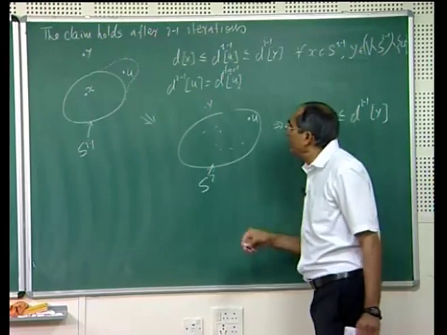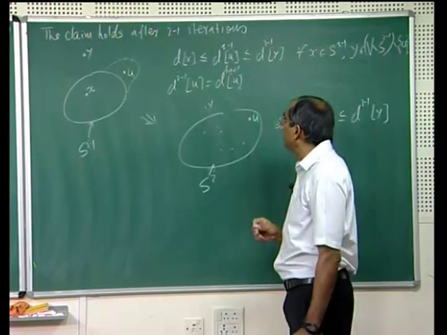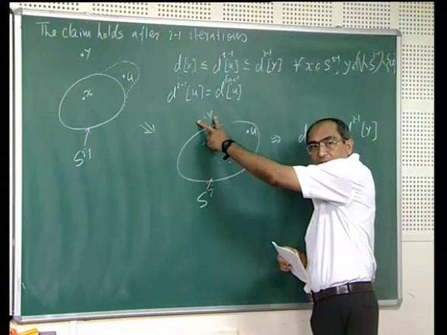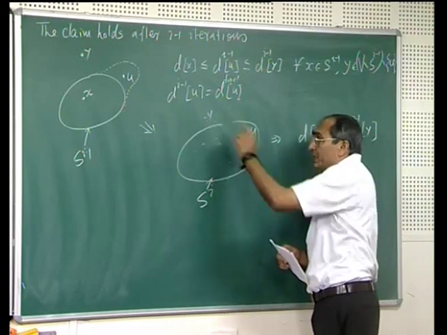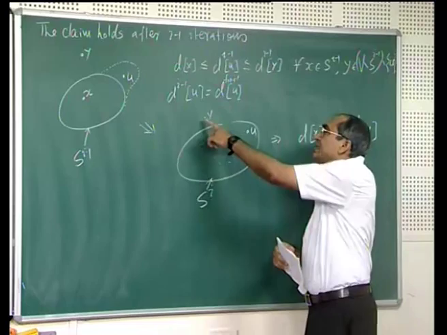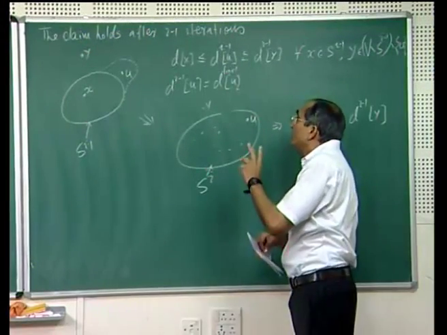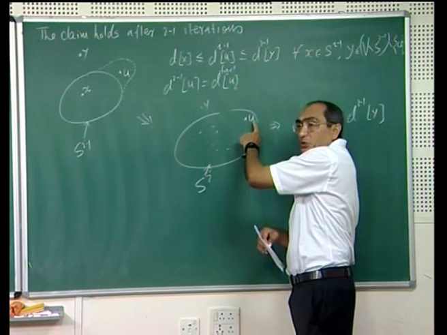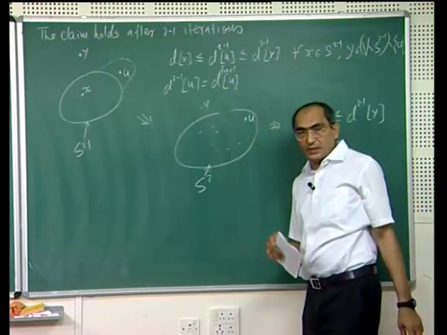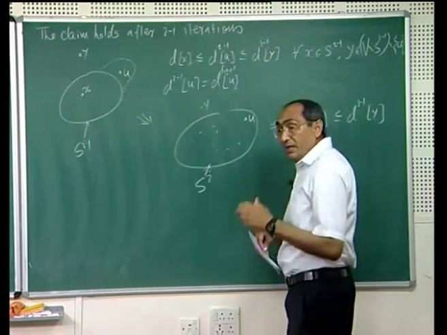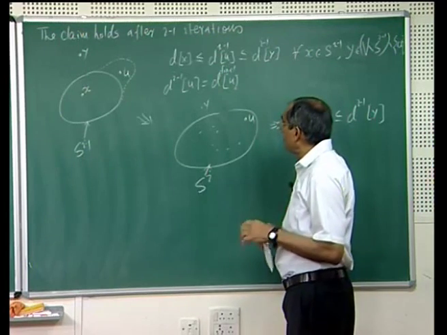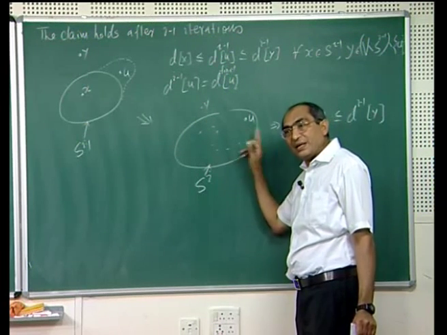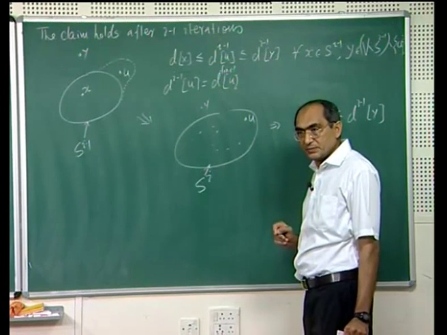So, let us pick any y here and look at what happens in this ith iteration. Well, there are two possibilities: either the d value of y does not change in our algorithm, or we set its value, in case it is a neighbor of u, to the minimum of the old d value of y and the value d_u plus w_uy. In both cases, notice that d_y remains greater than or equal to d_u, it never decreases.